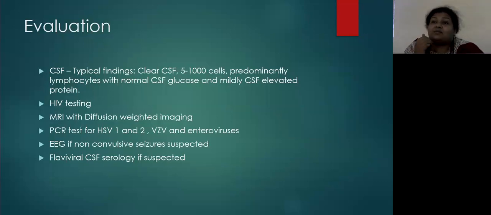No, if your tap has been non-traumatic, but you have got RBCs in your CSF, it is probably HSV encephalitis. So the most important diagnosis is HSV encephalitis, because if there's a delay in treatment, it can impact morbidity and mortality.